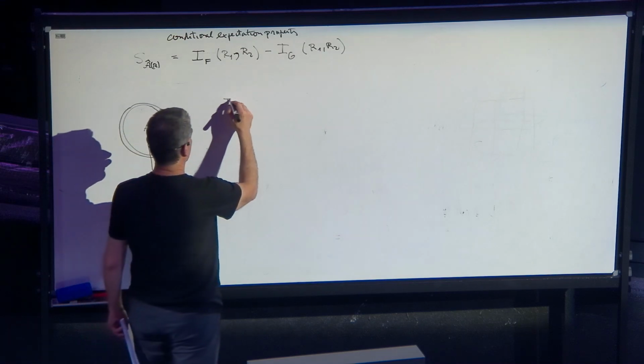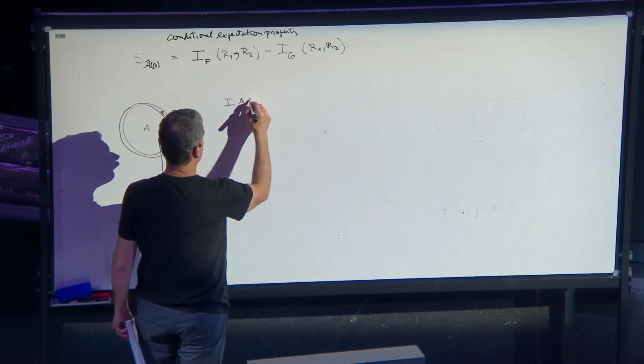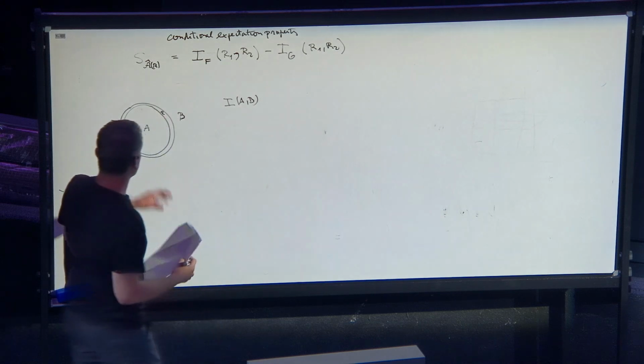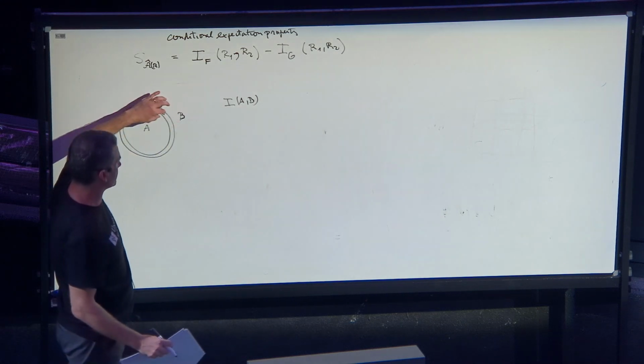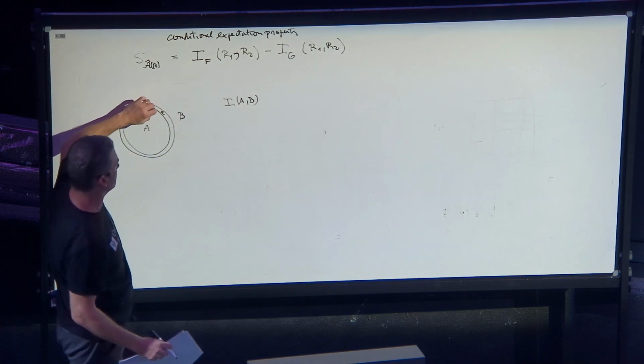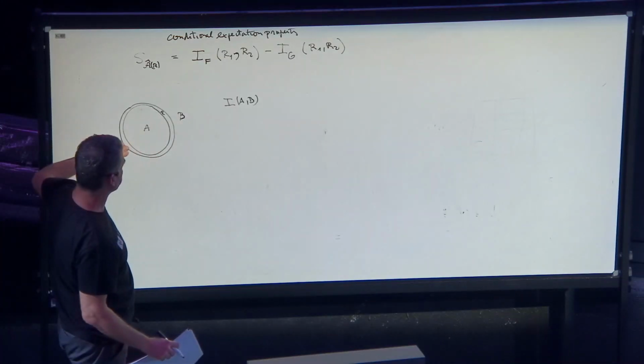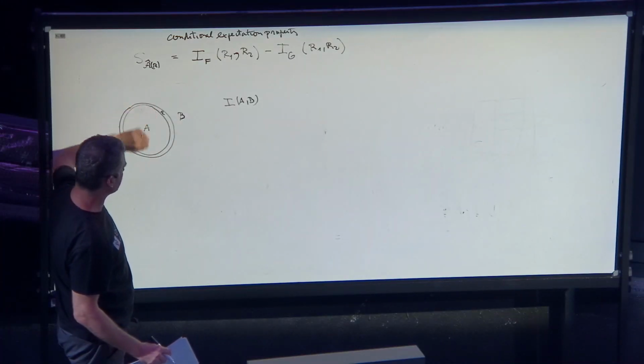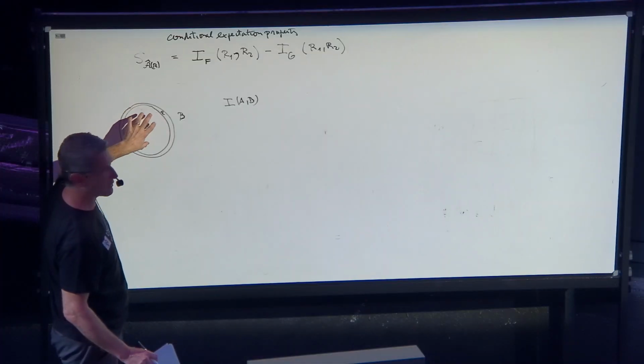This mutual information is the entropy of A plus the entropy of B minus the entropy of AB. And this can be thought of as a regularization of the entropy of A.